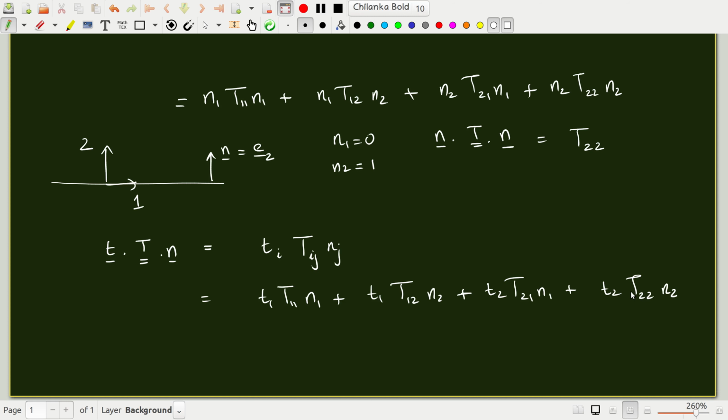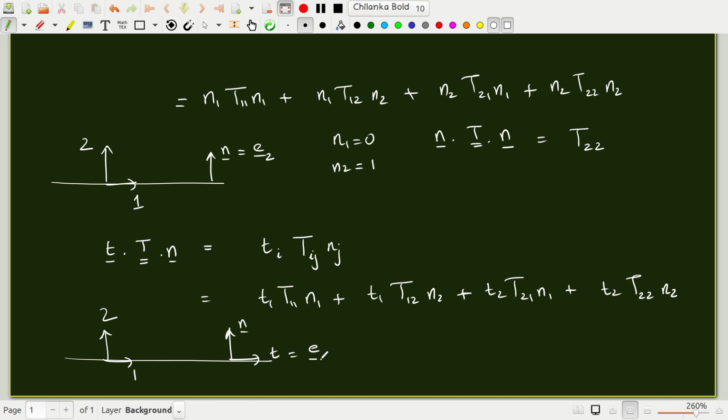If I have a flat interface like before, let's call this 1, let's call this 2, and this is t, this is n.